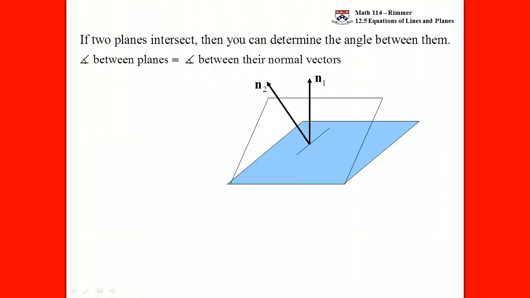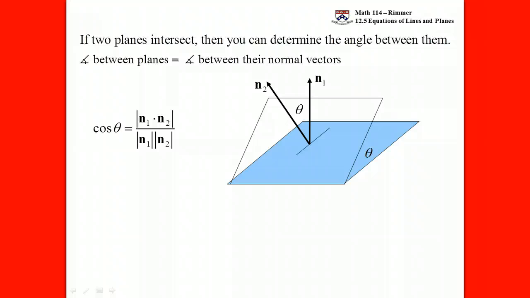Just take a book or your notebook, have one part be the one plane, the other part be the other plane, and think about the normal vectors to each of those. And then remember, when you're trying to find the angle between two vectors, just make the initial points one on top of the other, and the angle between the normals will be the same as the angle between the planes. So if you're trying to find the angle between two planes, go right to the normal vector.